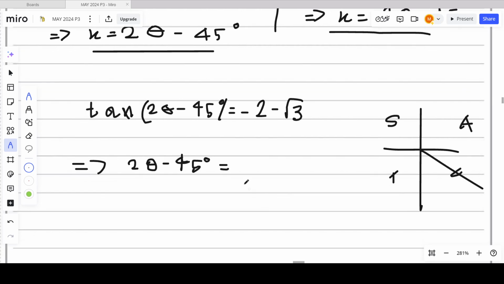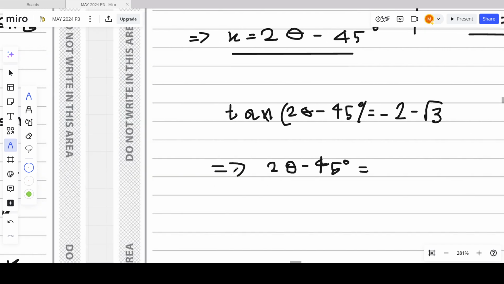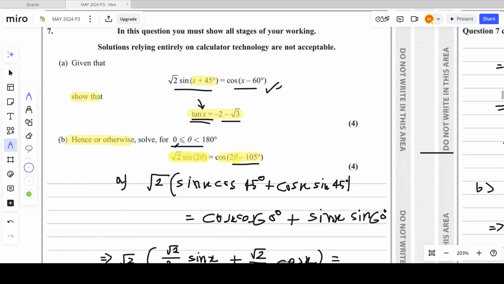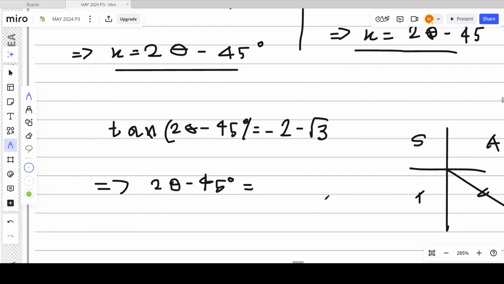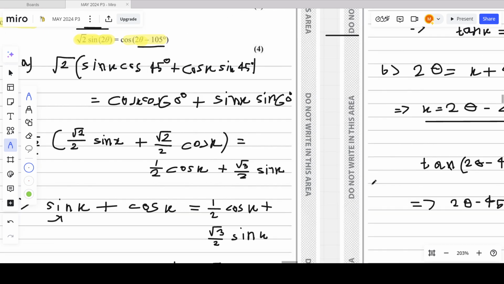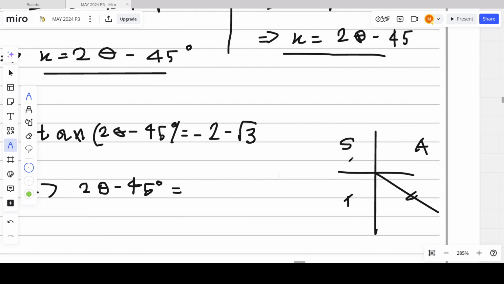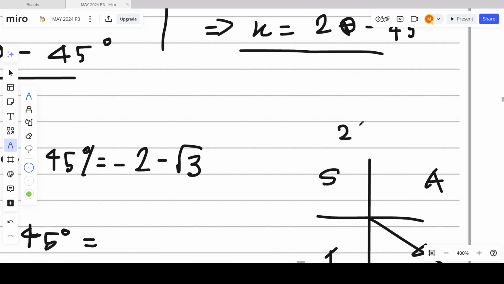For 2 theta minus 45 degree, you have to change the range also. The range that is given here is for theta only, but we are finding the values for 2 theta minus 45 degree. So the range for 2 theta minus 45 degree should be greater than negative 45 degree, because 0 times 2 is 0, and minus 45 gives negative 45 degree.